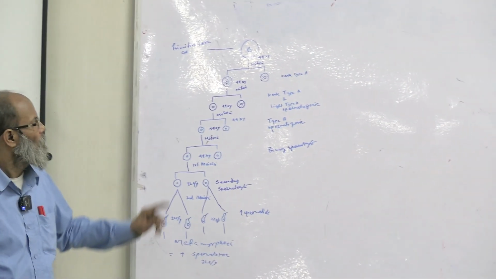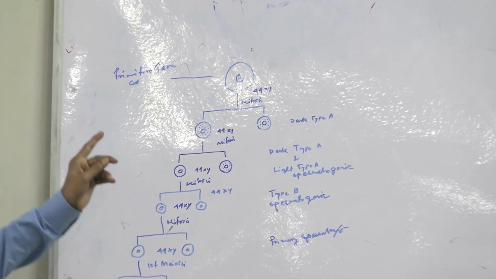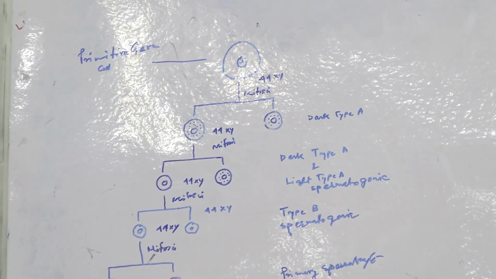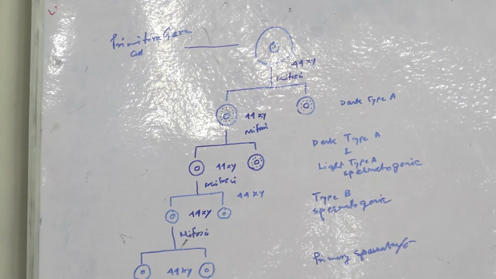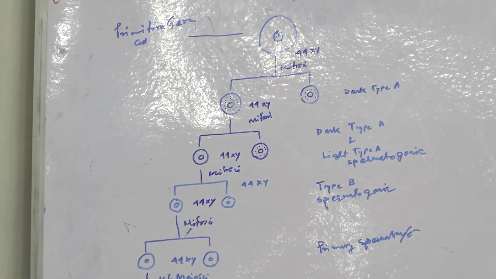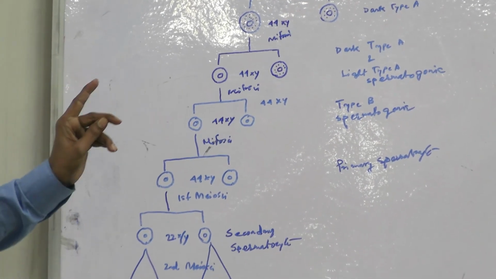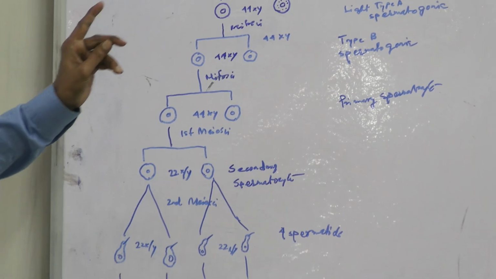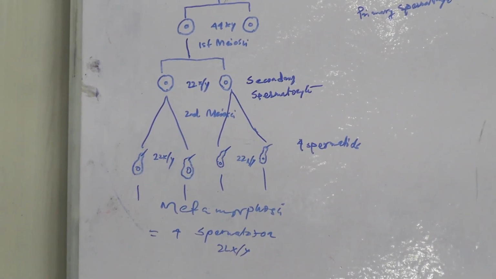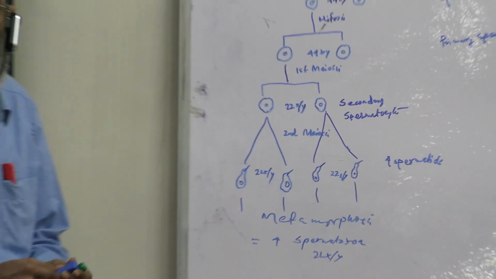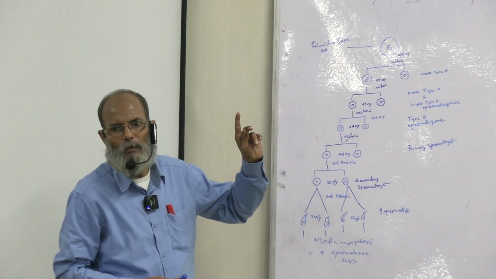All right. Genetically it is diploid, having a diploid number of chromosomes, that is 44XY. It gives rise by mitosis to dark type A spermatogonia.